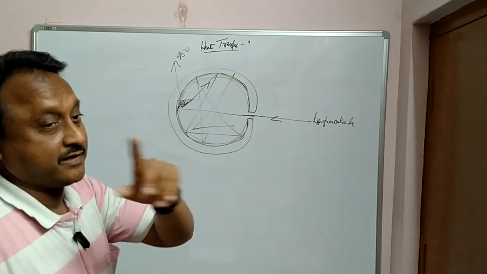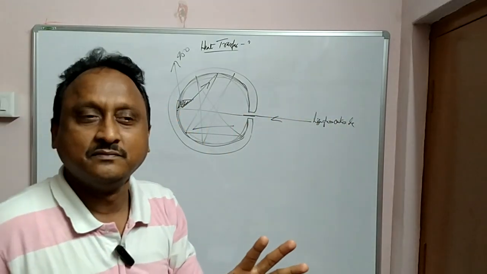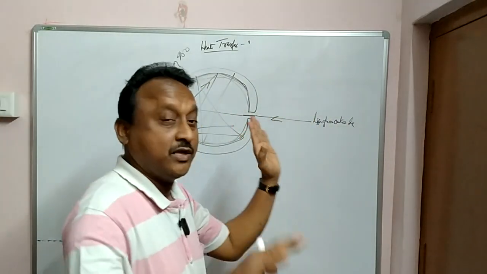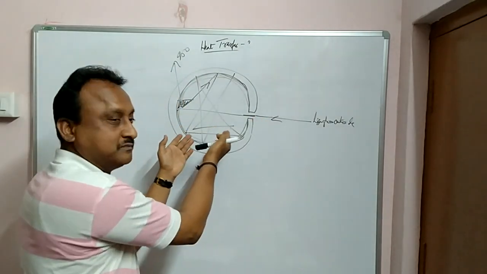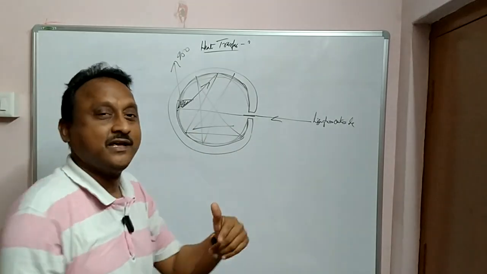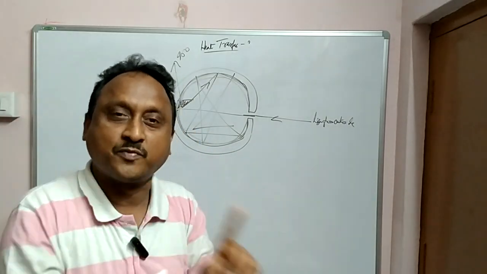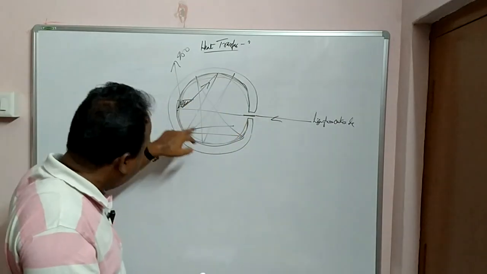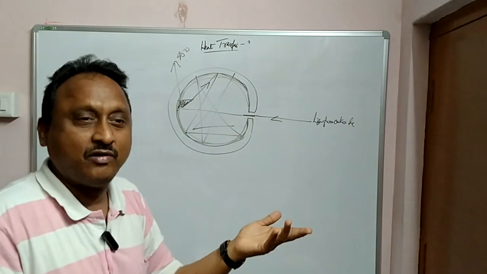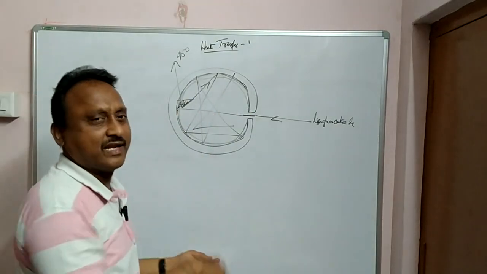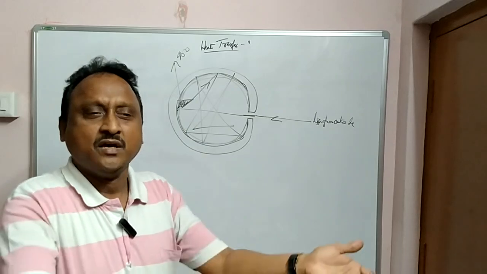One more point: the properties it had outside, initially when it had not entered, it has to lose after entering the groove. It has to lose all those properties and behave like a black body only, because inside, a black coating, lamp black, is given all over, so all the energy is absorbed.